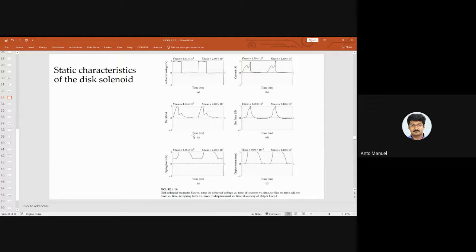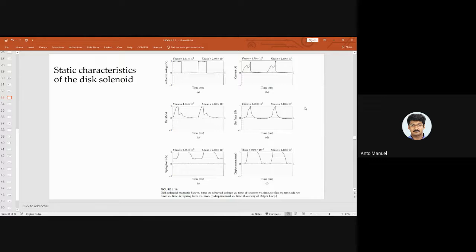We will discuss all this in detail in the design aspect for better efficiency of solenoid actuators, and that's why these are known as static characteristics. Normally engineers discuss two kinds of characteristics in the design aspect, static and dynamic. Now we are going to see in detail the static characteristics of this solenoid.